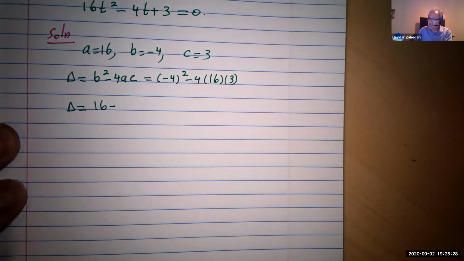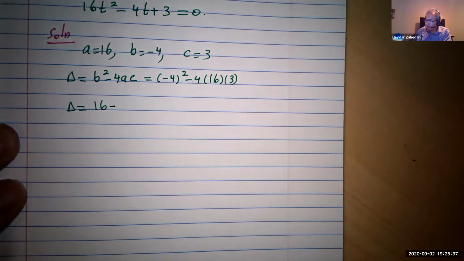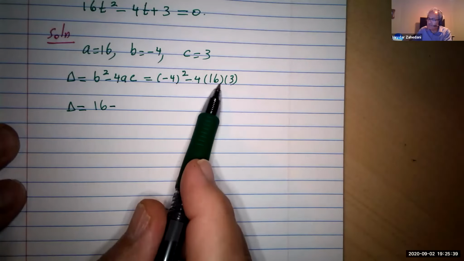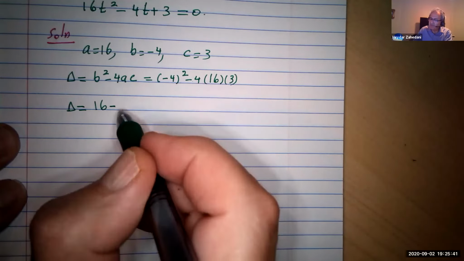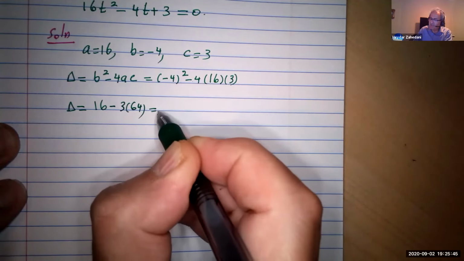4 times 16 would be 64, and it's going to be 3 times 64, which is going to be a negative number.